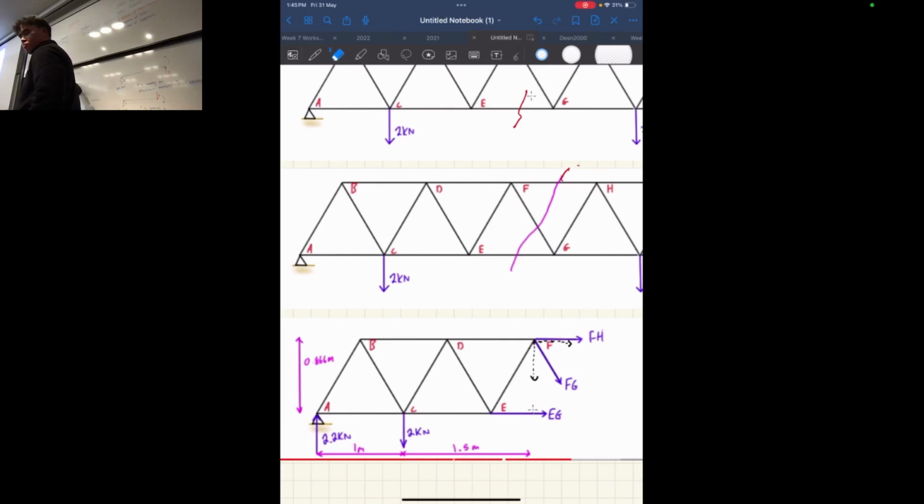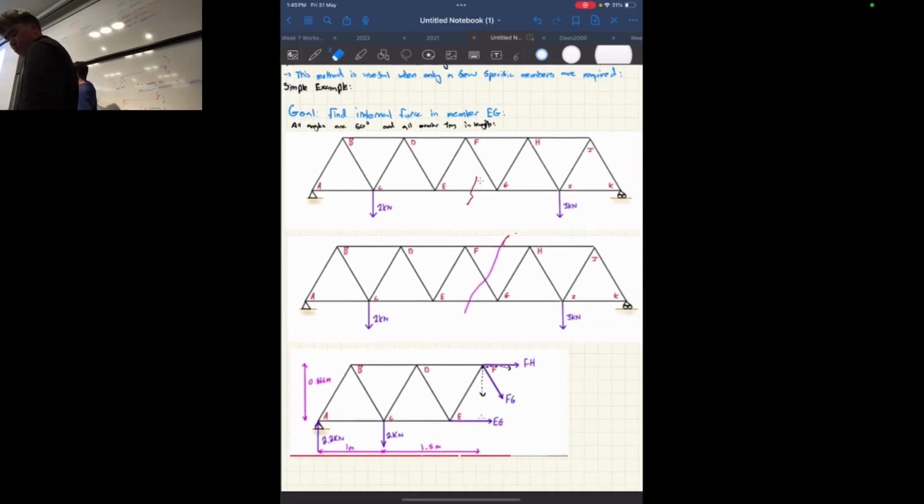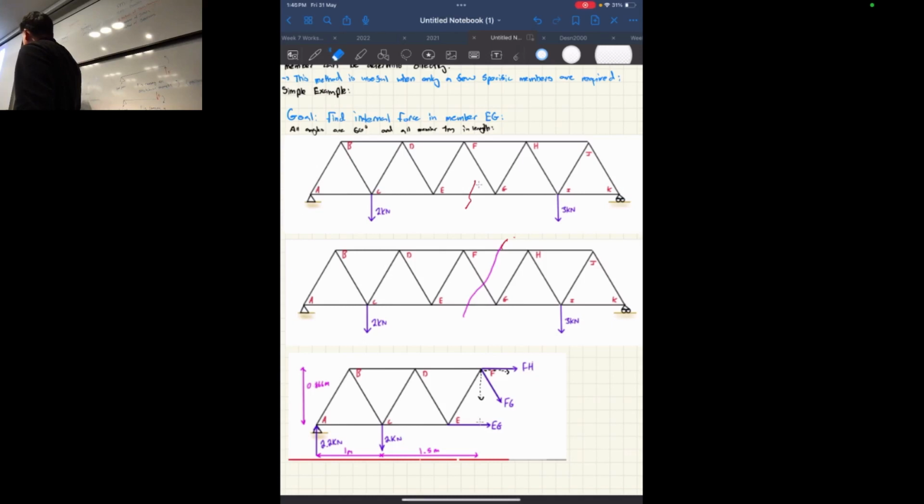So you choose a point, draw a free body diagram for that point. This includes the forces acting in each of the members, not the beam, sorry, the members, like member DE, CE. So I'll do an example. Let's say there's a force acting down here, F1. I'll say here F2.